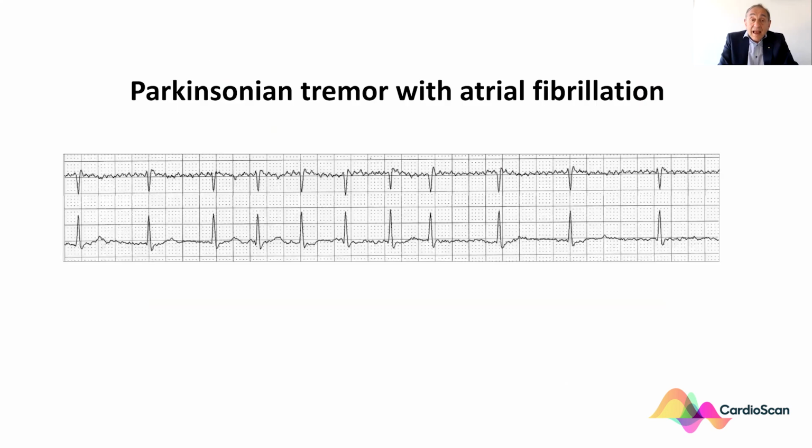Another one here is a Parkinsonian tremor, this time with atrial fibrillation, which is really quite confusing for the reader because we have two issues that are causing a change in the baseline. Not only is it atrial fibrillation with its fibrillary waves, but also a Parkinsonian tremor.